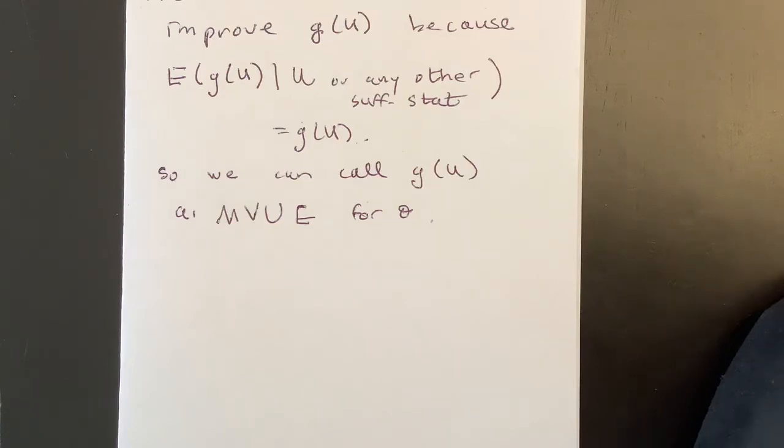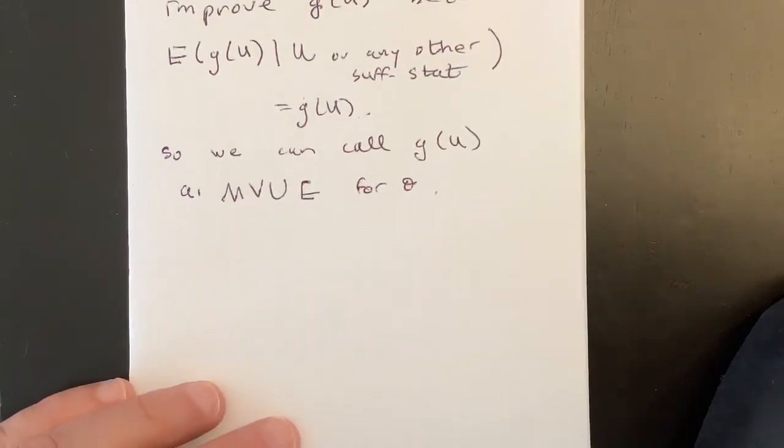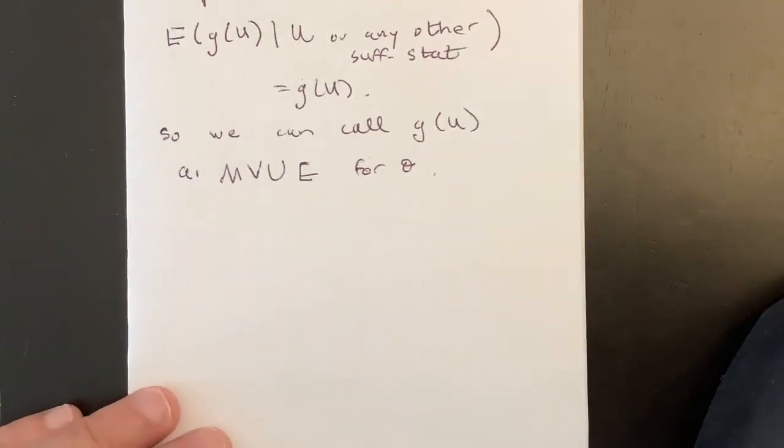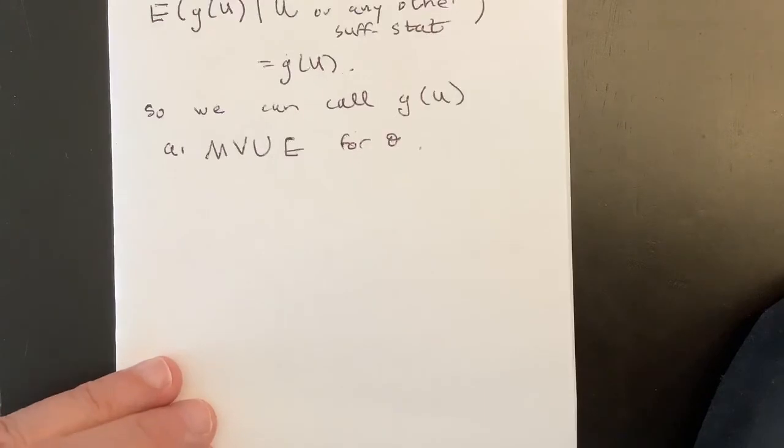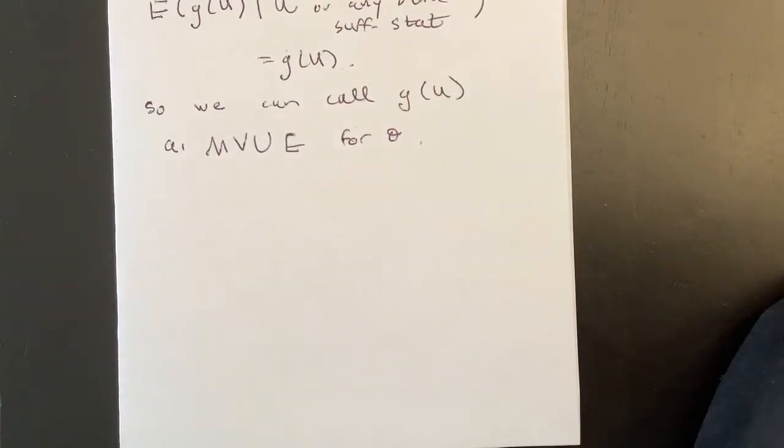Most of the time, you find these sufficient statistics through the factorization criteria, and it can be shown that those are the absolute minimum. Those actually lead to the true MVUE, the absolute minimum variance unbiased estimator. But we're going to leave that alone.